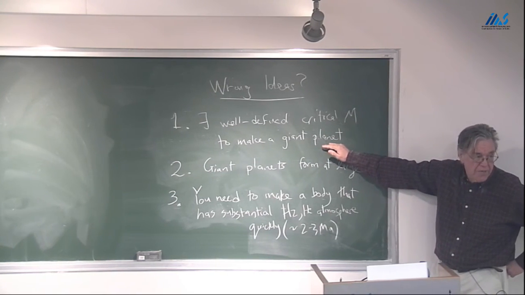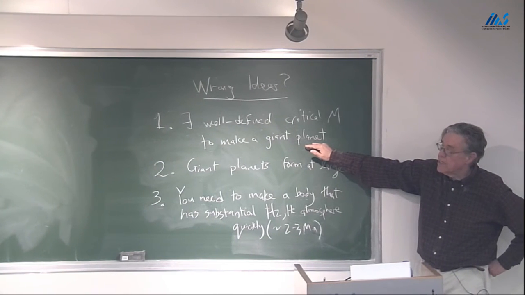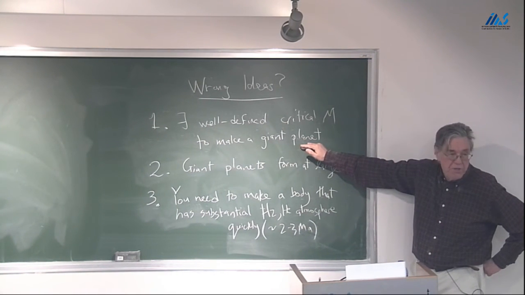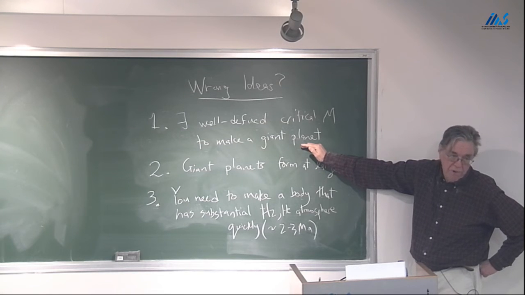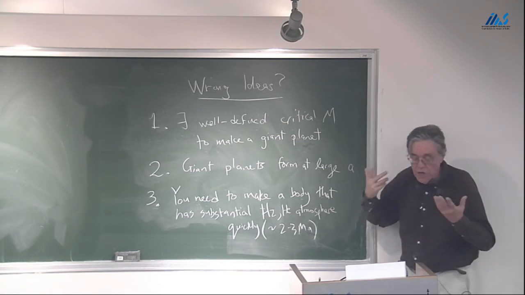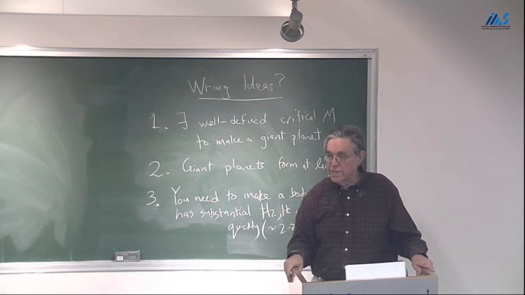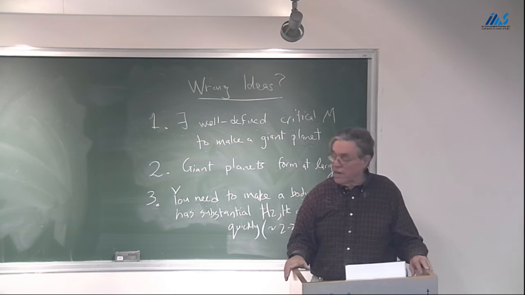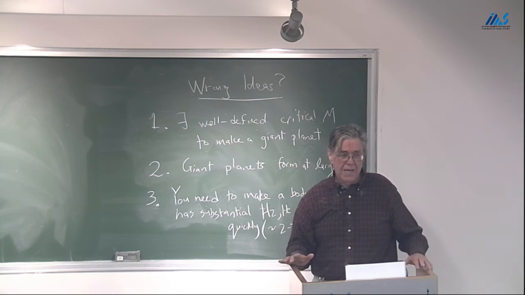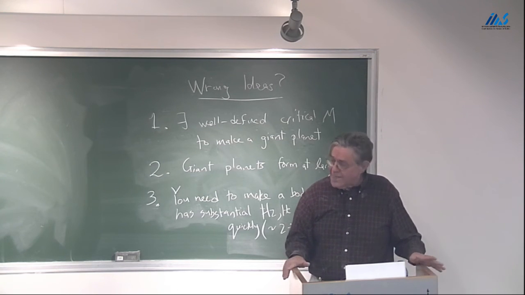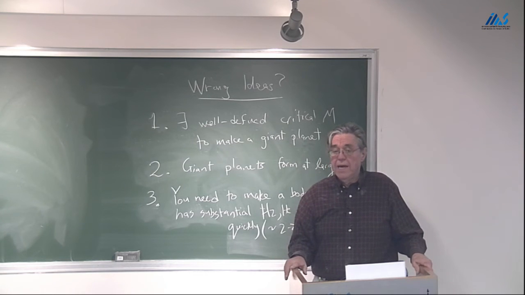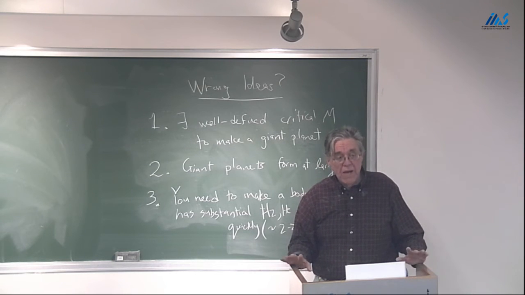What has happened in the field is that people saw this calculation of 10 Earth masses, and then it got repeated by others with roughly similar numbers, and so this notion developed in the field without thinking that carefully about it, that yes, the number was 10 Earth masses. But I hope you can see that's a bit more complicated than that. Now, it's true that that's often actually what you get, but you should be wary of that number.